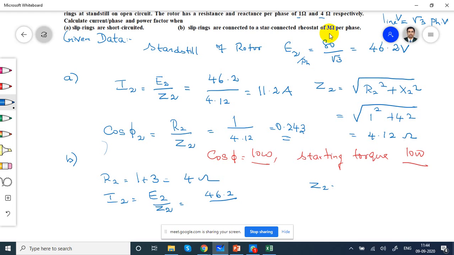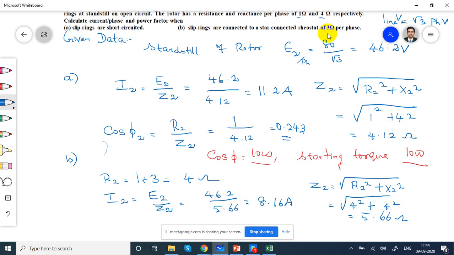So Z2 equal to square root of R2 square plus X2 square. Square root of R2 already 4 square plus X2, how much X2? It will be 4 square. You will get 5.66 ohm. Now substitute 5.66. You will get 8.16 ampere.